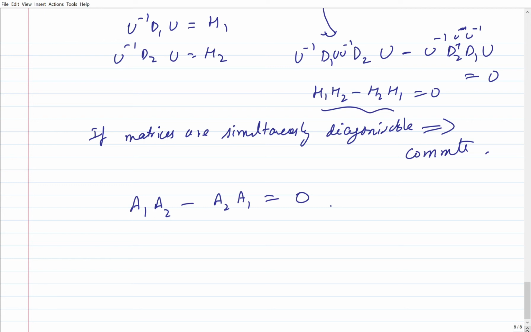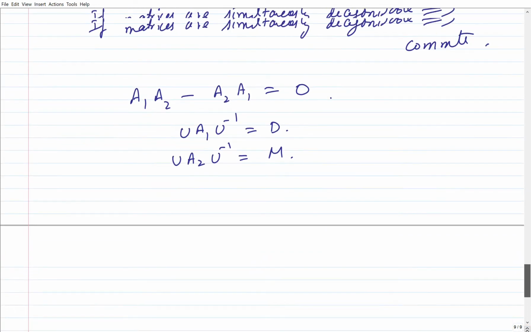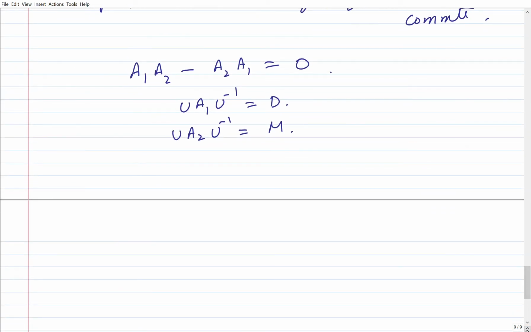Let's say I have this condition and I have U A1 U inverse equals D, some diagonal matrix, and I apply the same matrix to A2. That gives me some matrix M, and my condition that these two commute yields DM minus MD equals 0, where, mind you, M is not a diagonal matrix.